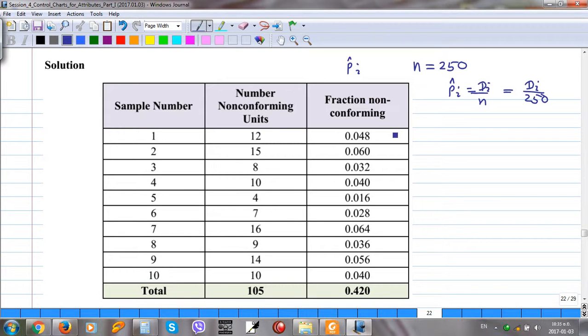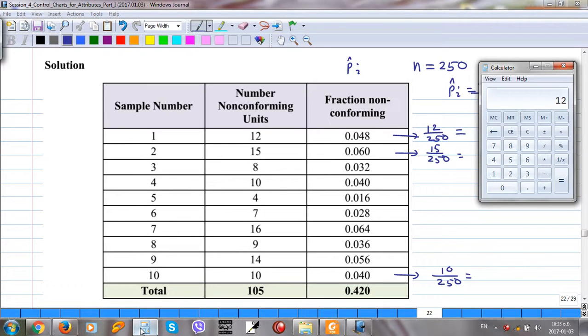So for di equal to 12, it is 12 over 250. This one 15 over 250. This one 10 over 250. We'll check these values.